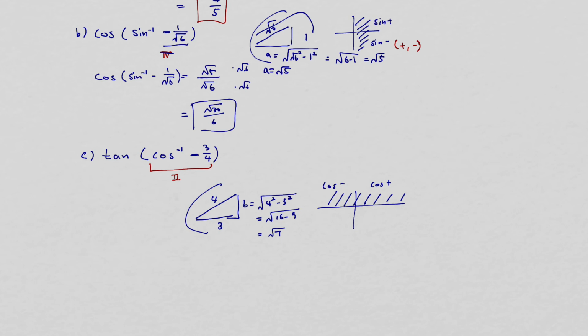So then if we wanted to find the tangent of it, that gives you square root of 7 over 3. And tangent in the second quadrant is going to be negative. That's the value.